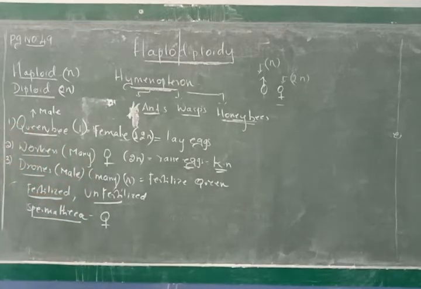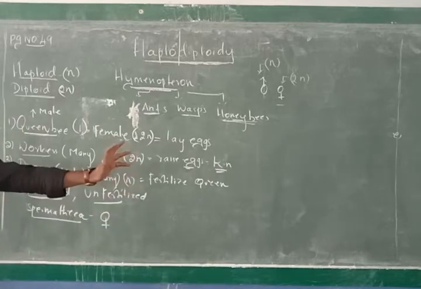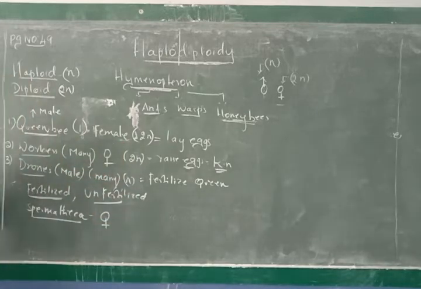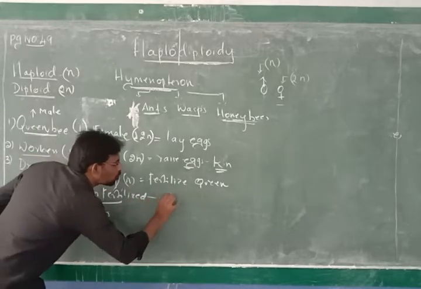Understand, before laying the egg, the queen bee makes some eggs fuse with the sperm and get fertilized, and lays fertilized eggs. At the same time, it will not allow certain eggs to fuse with the sperm and just releases unfertilized eggs. Understand? So always the fertilized egg becomes female. Always the unfertilized egg becomes male.